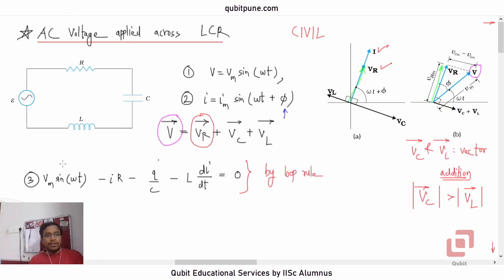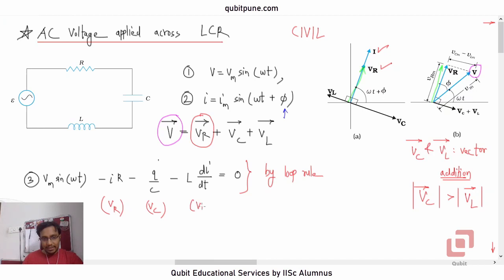Vm sin omega t is the applied voltage, and the drop across the resistor is IR. Voltage across capacitor C is Q by C, we know that. And the voltage across the inductor, the back EMF, is L di by dt. So here we have applied everything: Ohm's law, Lenz's law, and the capacitor expression.